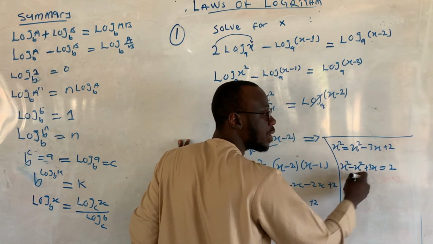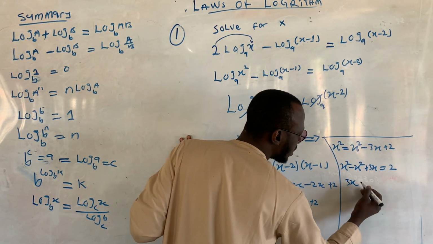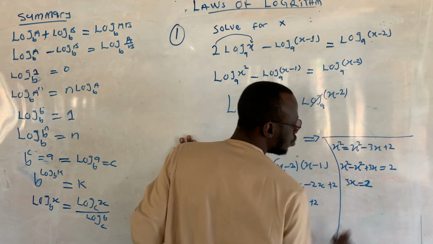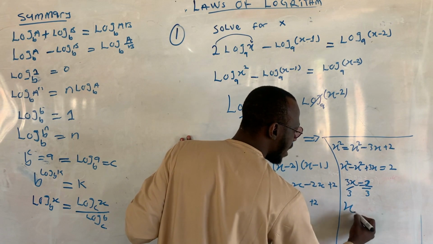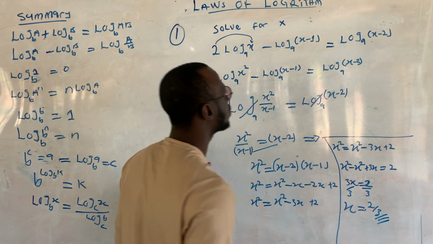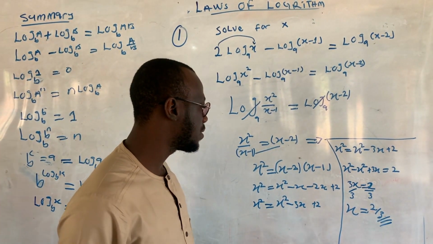X squared minus x squared is 0, remaining 3x equals 2. We divide both sides by 3, so our x equals 2 over 3. This is the value of our x.